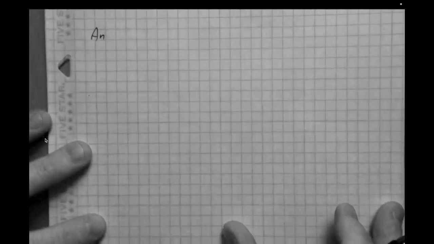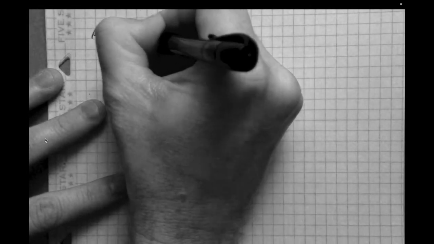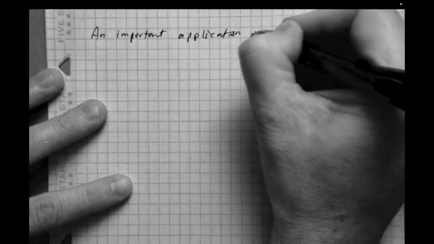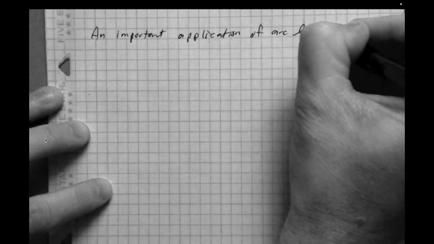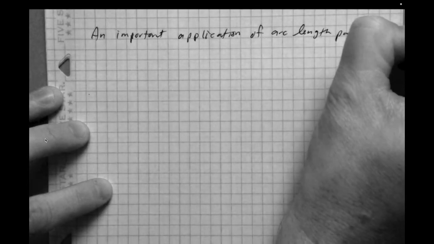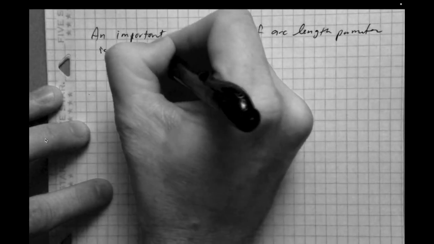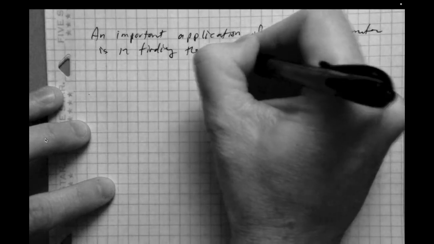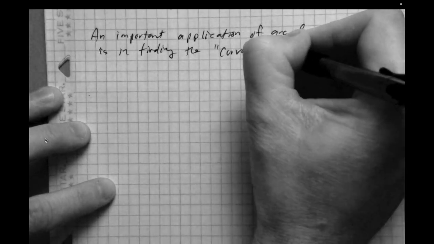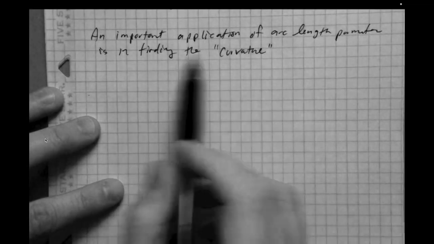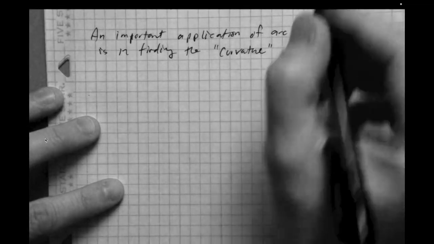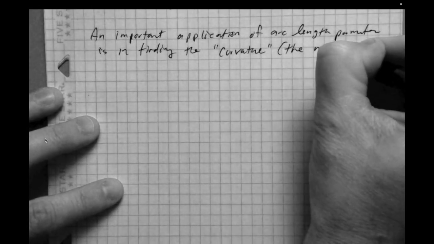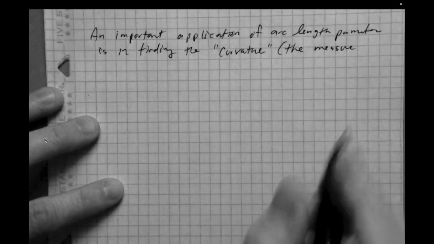An important application of the arc length parameter is in finding the curvature. And what is the curvature? In lay terms, it's the measure of how sharply a curve bends.